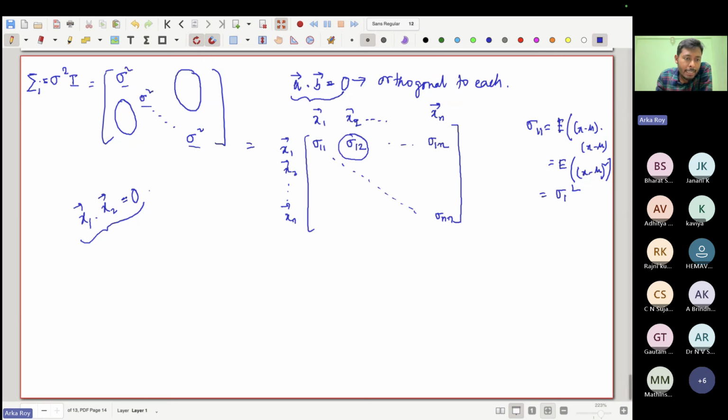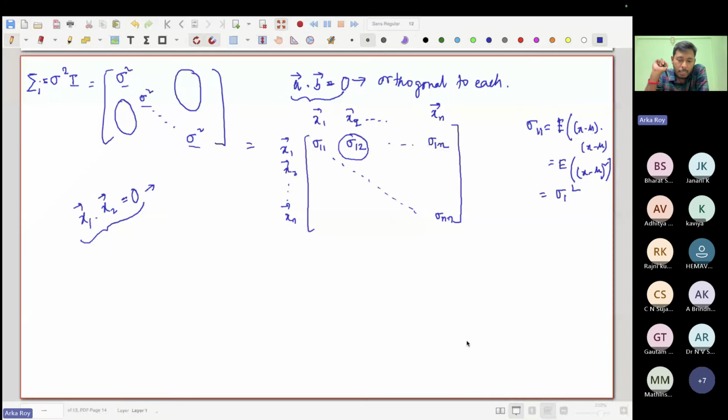Can you give me any example of two vectors which are orthogonal to each other and independent of each other? Very basic example. You don't have to think about big vectors or something.